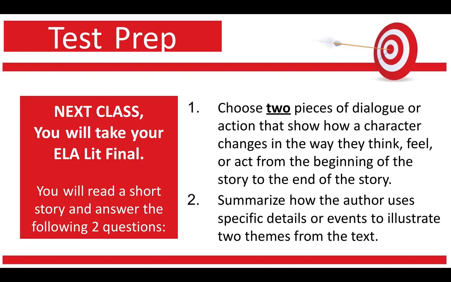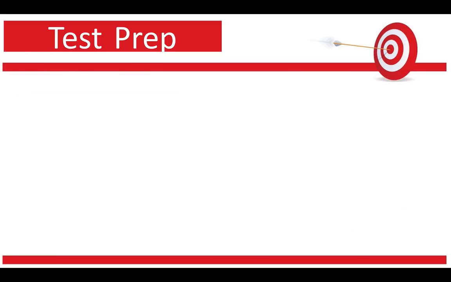It could relate to something in the plot. It could relate to a conflict in the story, whatever. But considering the characters is going to be very helpful too. How the character changes the way they think and feel from the beginning of the story to the end of the story. So those are the two questions that you will have on your test.